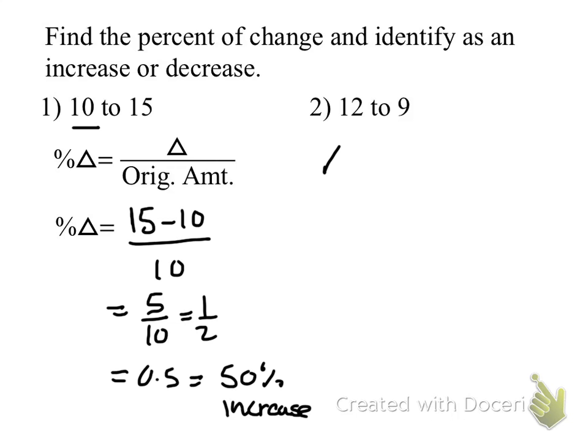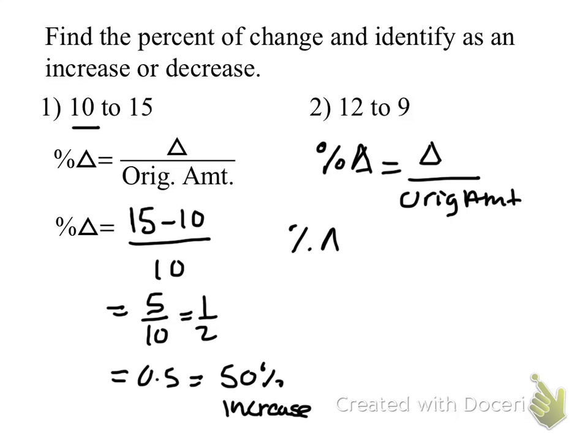I'm doing the percent of change equals the change over the original amount. So the percent of change equals what? Jared? 12 to 9. We could do one of two things. The new amount, 9 minus 12, or the only thing that's going to do if you do the new amount minus the original amount is it's going to give you a negative number. And when it's a negative number, your overall answer just means not that it's a negative percent, but it's dropping.